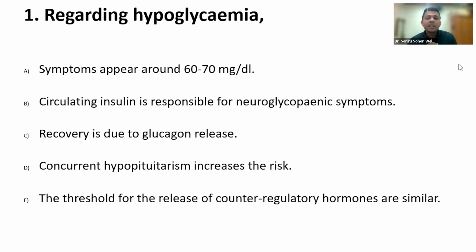Then they are asking about why neuroglycopenic symptoms occur. For that, you need to remember your past physiology days regarding the types of glucose receptors. There are many types of glucose receptors. The main glucose uptake receptors are known as GLUT receptors.